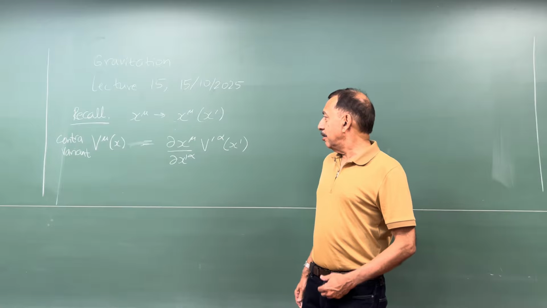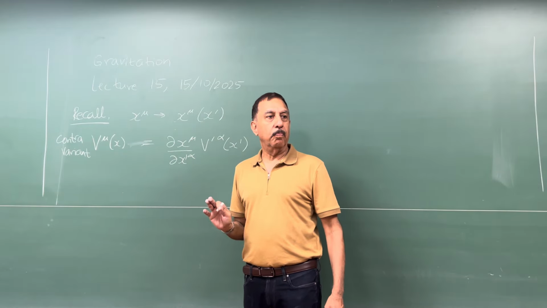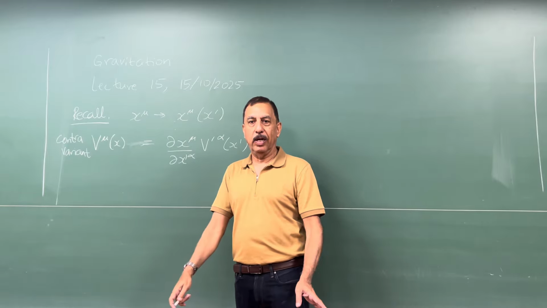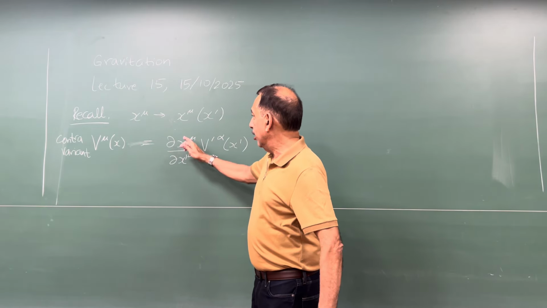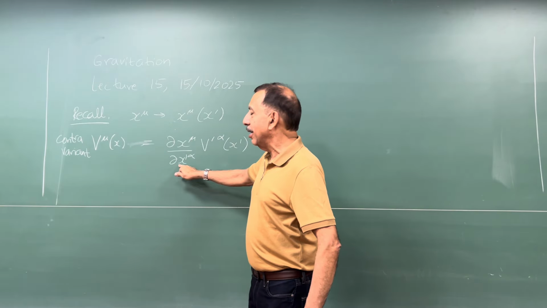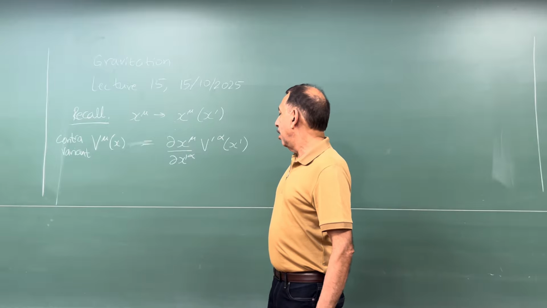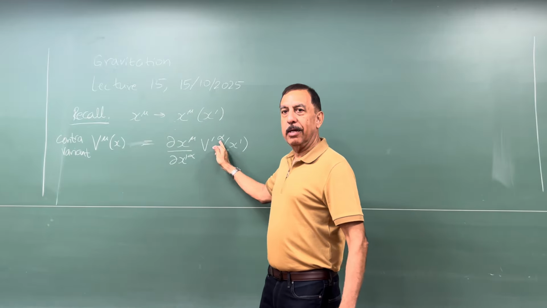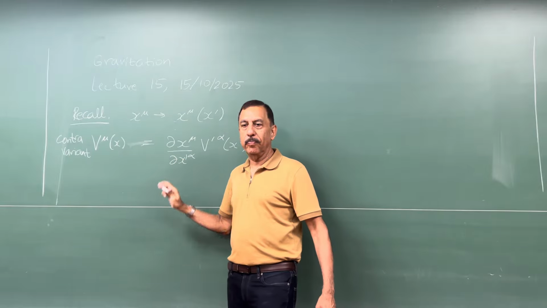So in this case, what's happening is that x always has an index up. Everything else gets fixed by that fact. That's a choice from the start. So there's going to be a del x by del x prime factor over here in front of whatever is there. One for each index, and since this is a vector, it has only one index, so only one factor.